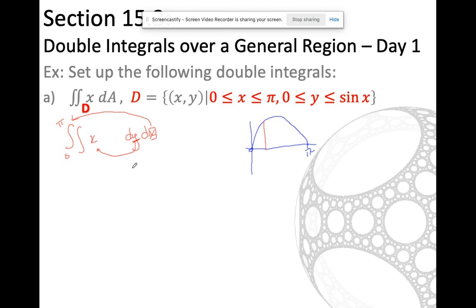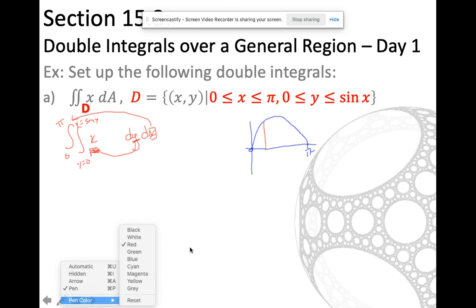Well, there you go. Y is equal to 0, Y is equal to sine X. Sorry, I was pointing at the wrong place. That actually wouldn't be devastating to do.